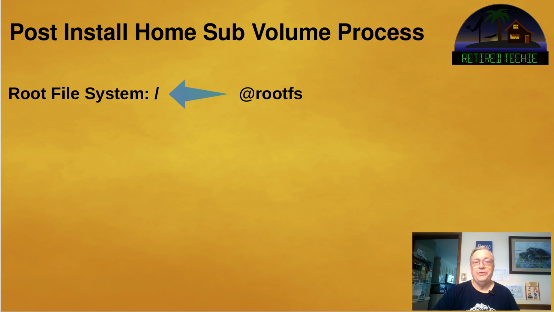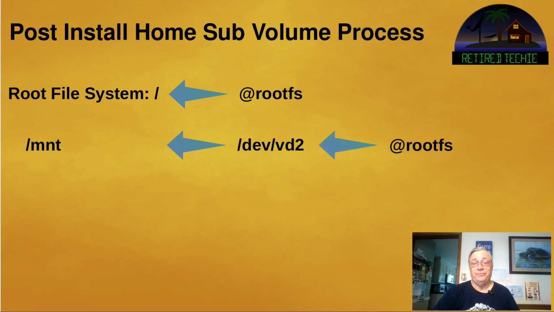What we want to do in this test experiment, if you will, is map the device vd2, which, if you remember, is our volume, to /mnt on our main file system. And yes, the @rootfs subvolume is in vd2, which is the same as the @rootfs that's the base of our system. This may seem a little confusing, but we can do it.